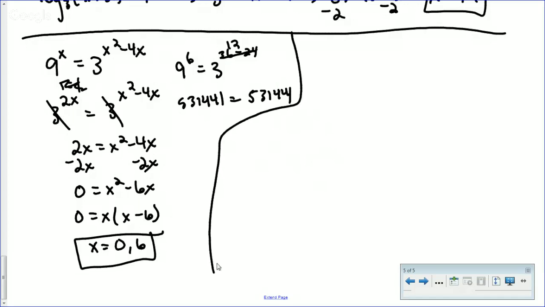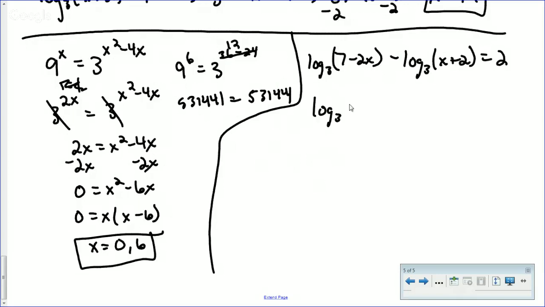Now this next problem, I wrote a little bit wrong on the paper. I wanted to write this: log base 3 of 7 minus 2x minus log base 3 of x plus 2 equals 2. Okay, so I got to combine these two, and I'll combine them with division.